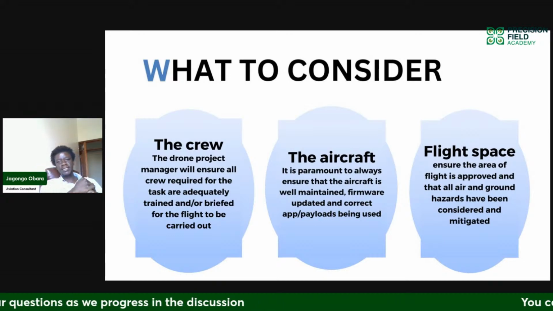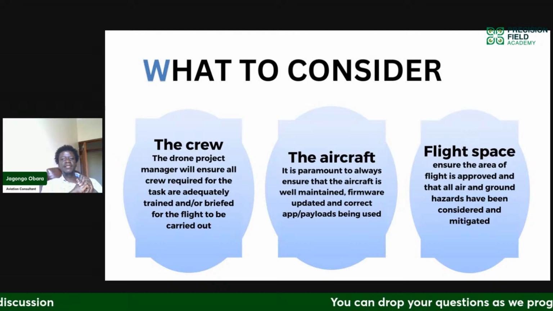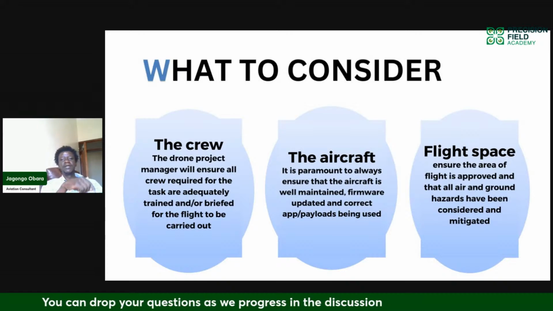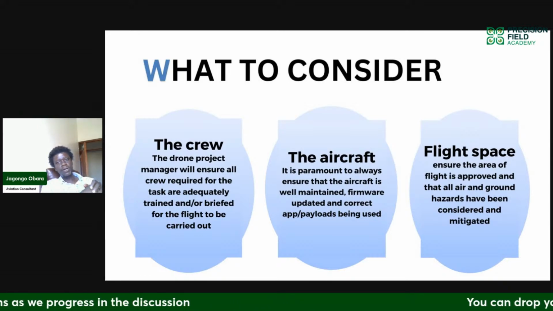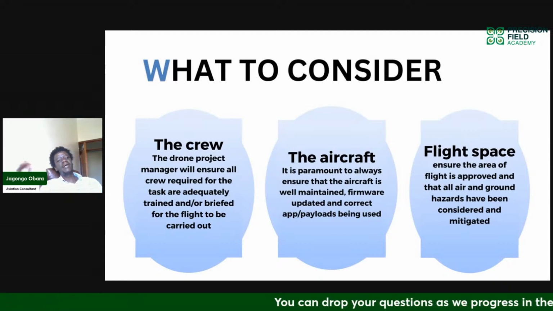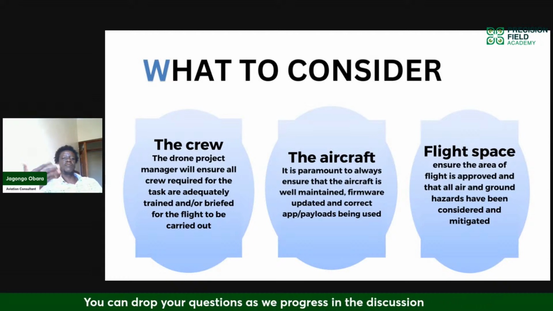So the flight space, which is the third consideration, is to ensure that the area that you are flying in or operating in is approved, and that all air and ground hazards have been considered and mitigated. And when we say mitigated, we mean any hazard that might be present. Let me give you an example.